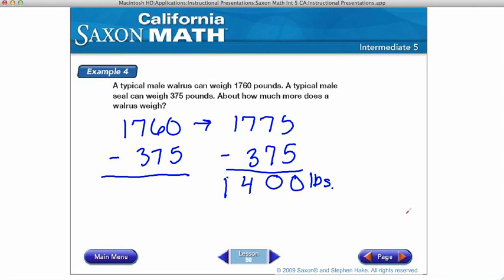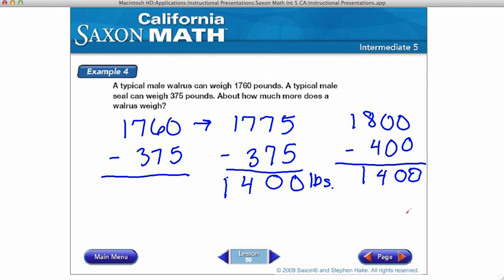If I wanted to round both numbers, I could round 1760 to 1,800, round 375 to 400, subtract, and I still have about 1,400 pounds. Okay, either way is correct. It's up to you. You just have to be able to tell me why you chose to round one way as opposed to another. Okay?